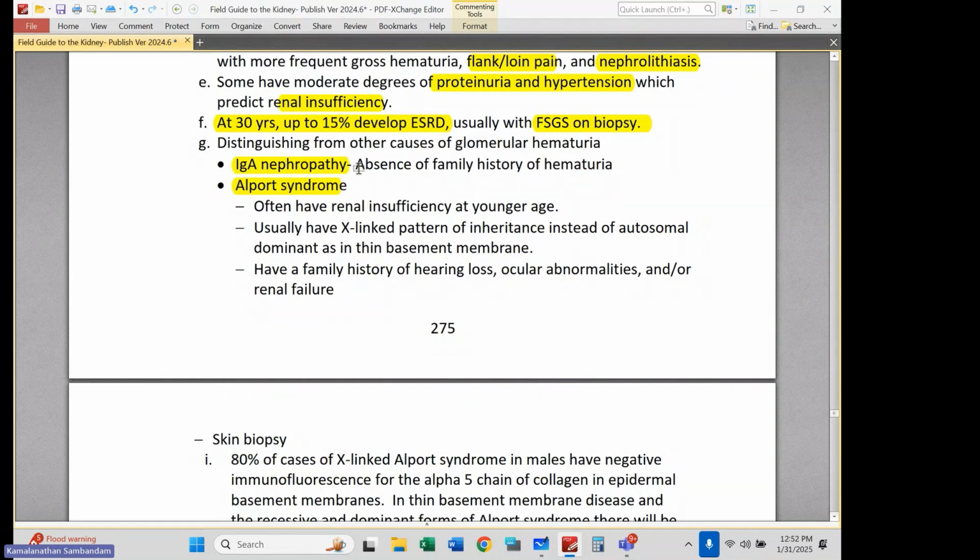Well, distinguishing it from IgA nephropathy, you typically will not have a family history of hematuria in IgA nephropathy. In Alport syndrome, these individuals will typically have that X-linked pattern of inheritance instead of this autosomal inheritance of thin basement membrane, trying to avoid dominant inheritance.